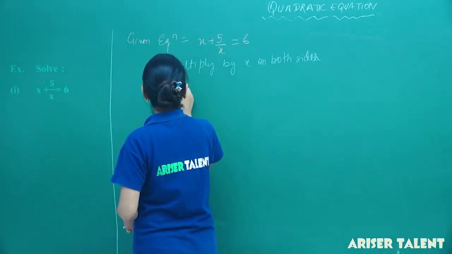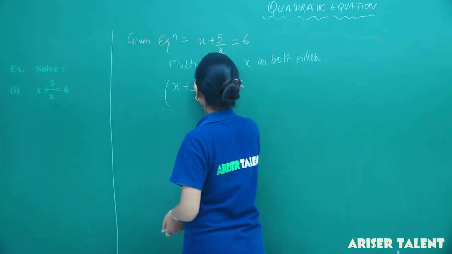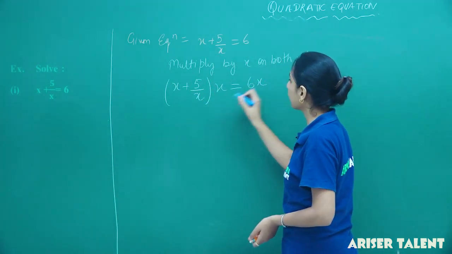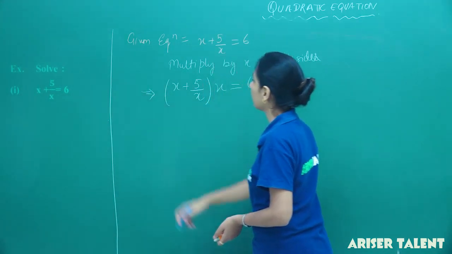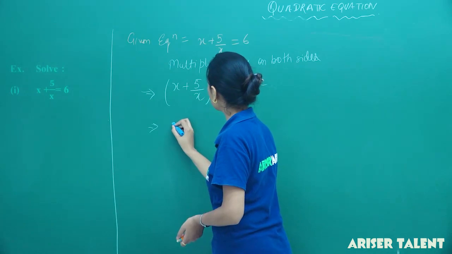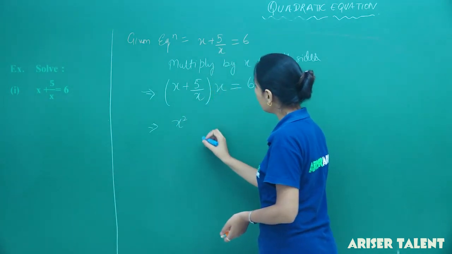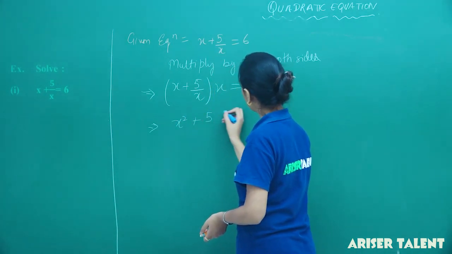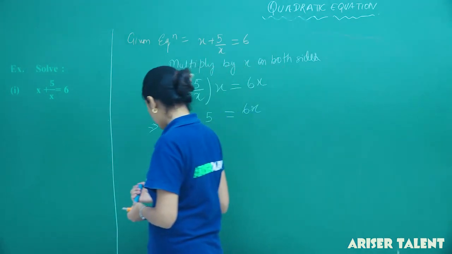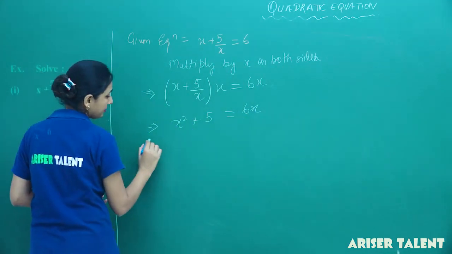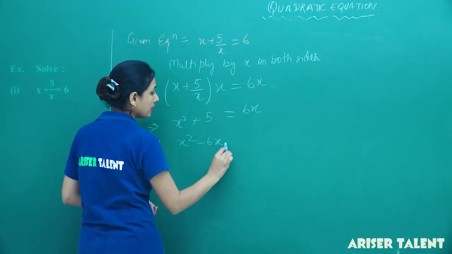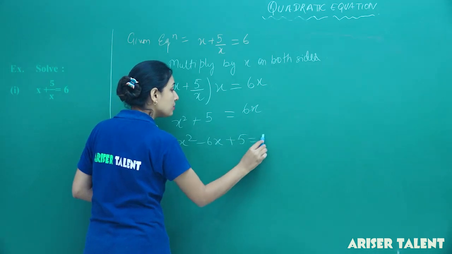So, x plus 5 by x multiplied by x will be equal to 6x. Okay. Then, it will give you the new equation here, x square plus 5 equals to 6x, or I can rewrite it as x square minus 6x plus 5 equals to 0.